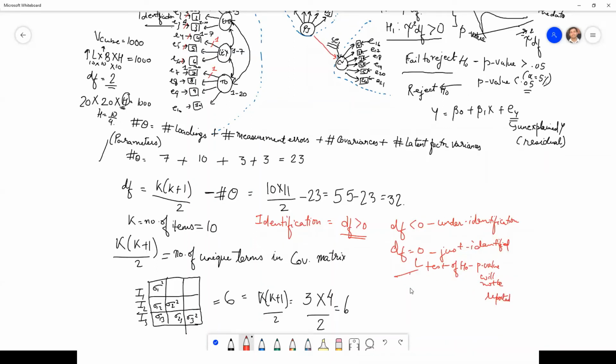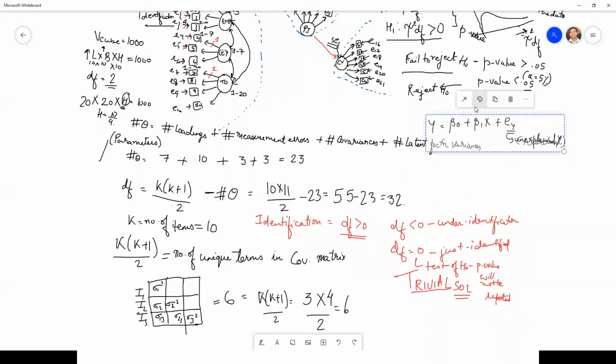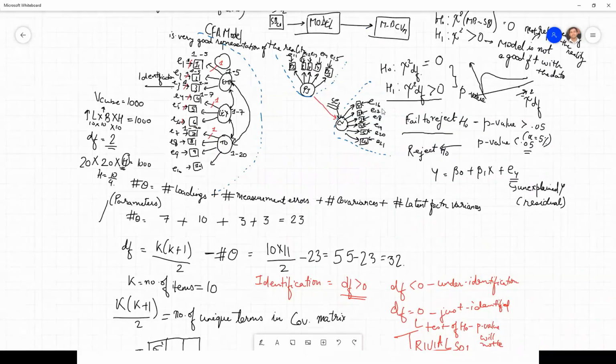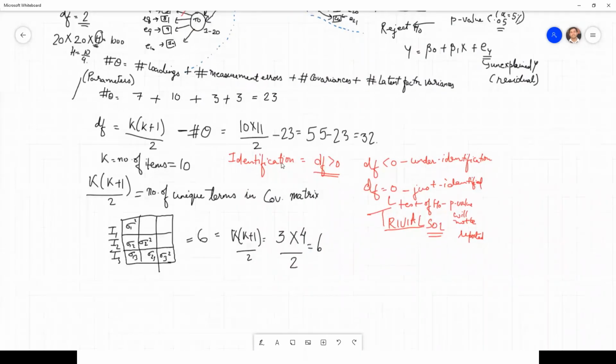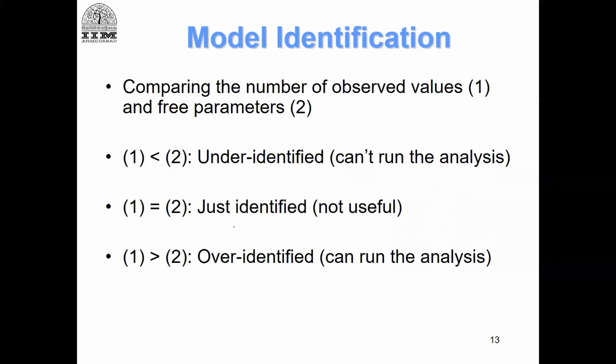Therefore this is called a trivial solution. Though the tool will run, you cannot make any judgment on whether you are rejecting or accepting the H naught of the model. And therefore we say that if you want to have any meaningful analysis, you should always look for degree of freedom greater than 0. That is what the meaning is.